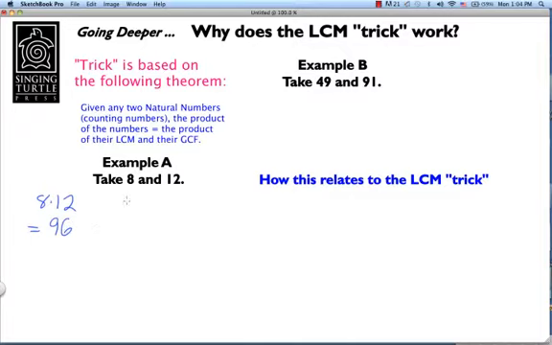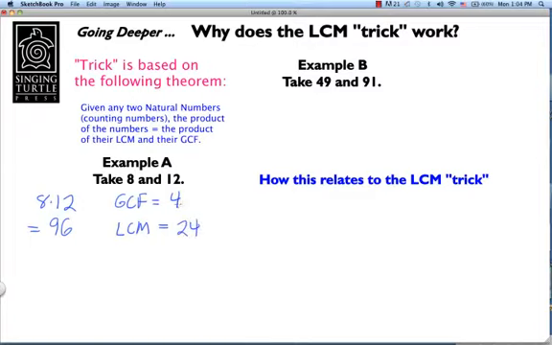Okay, very good. Next thing we do is we want to get the GCF for these two numbers. Well, 8 and 12 are 4 apart. That means the largest possible number that could go into both is 4, and 4 does go in, so 4 is the GCF. Now, the LCM for 8 and 12 is merely 24. You can check that out yourself.